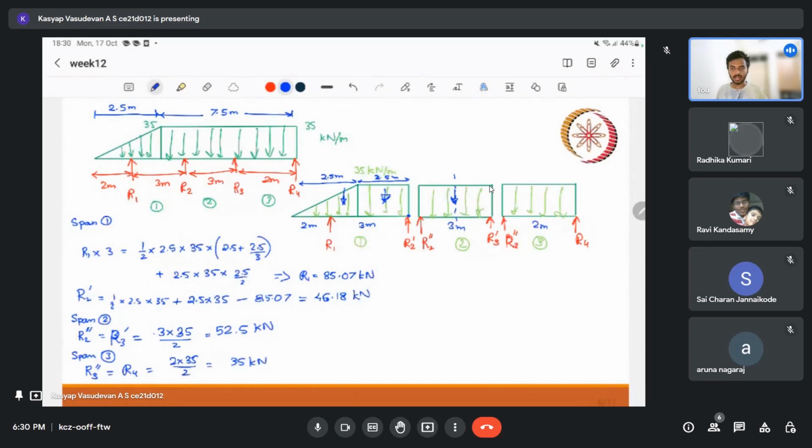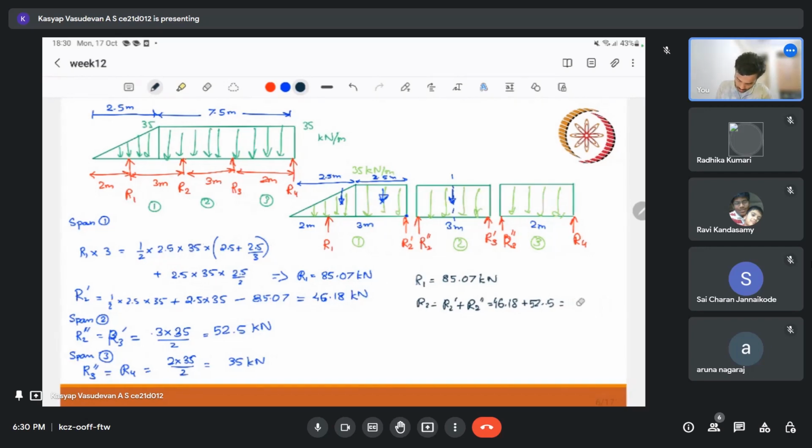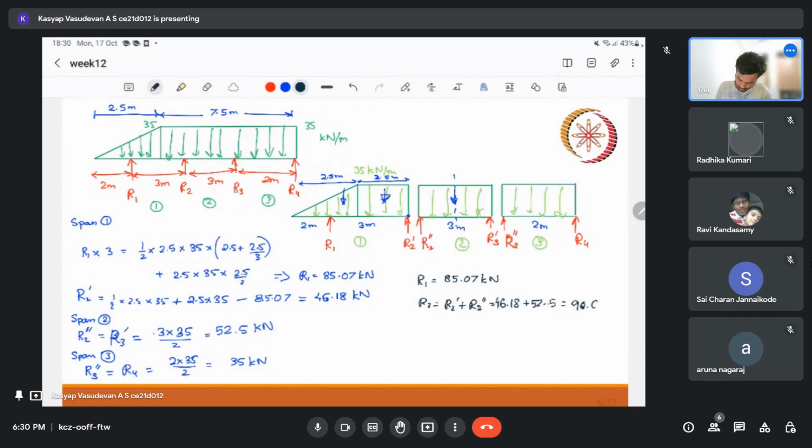So we have everything. We can get our real R1, R2, R3. R1 is equal to 85.07. R2 is equal to R2 dash plus R2 double dash, that is 46.18 plus 52.5, that is 98.68 kN.